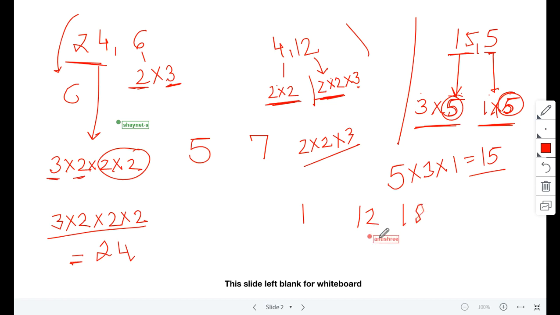Which means tell me the prime factors of 12 and the prime factors of 18. Tell me what the prime factors of 12 are.